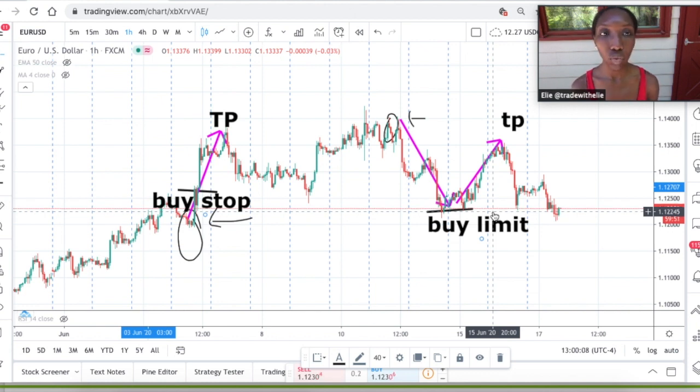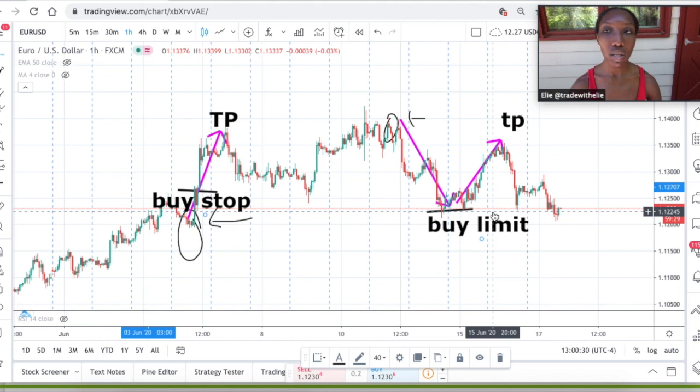However, if you put the wrong order type, sometimes if you put a buy limit but the market is moving in a buy stop, your order might not get activated. Now, a lot of the time, I've learned with a number of people that sometimes putting in a limit, you might get activated a little bit earlier than you would like to be in the market.